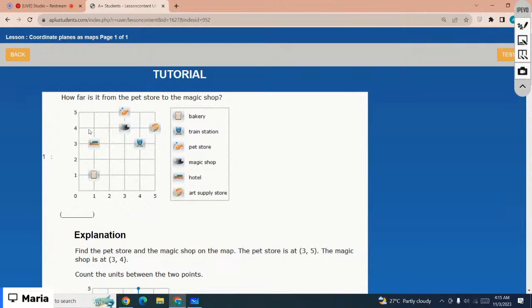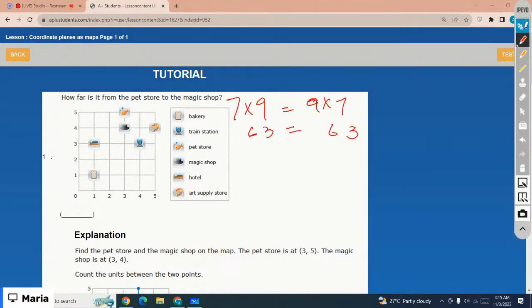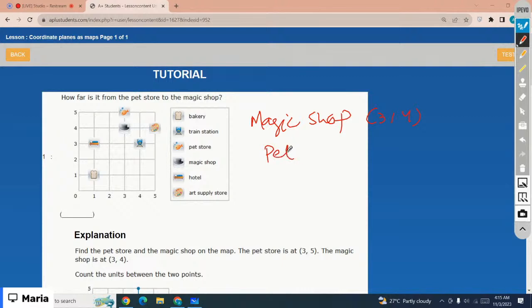The coordinate of the magic shop is x is 3, y is 4, right? The magic shop is at x is 3, y is 4. And then the pet shop is at x is 3, y is 5, right?